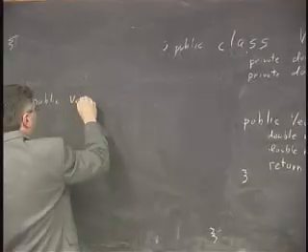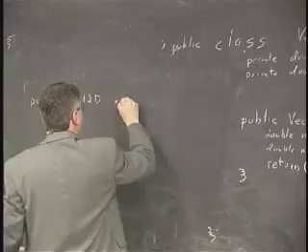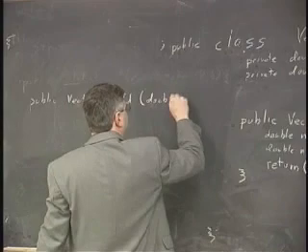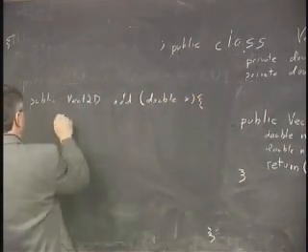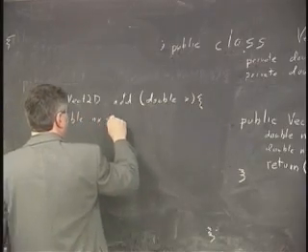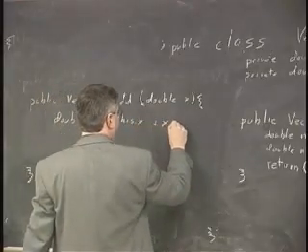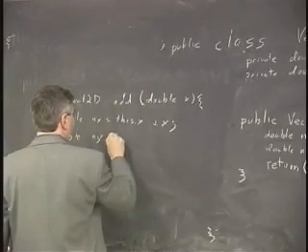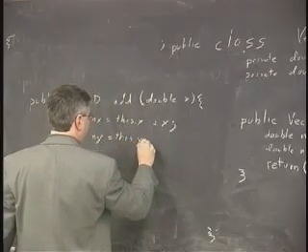We can write public vec2d add of double x. In this case, we would have double nx equals this dot x plus the x I passed in. We would have double ny equals this dot y.